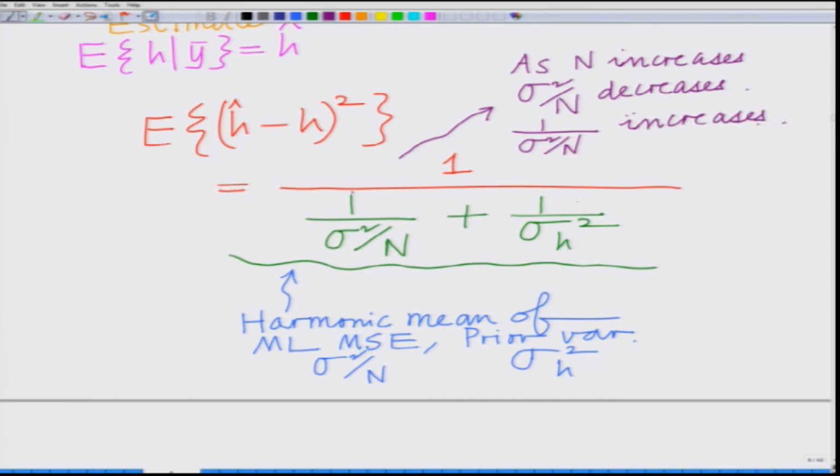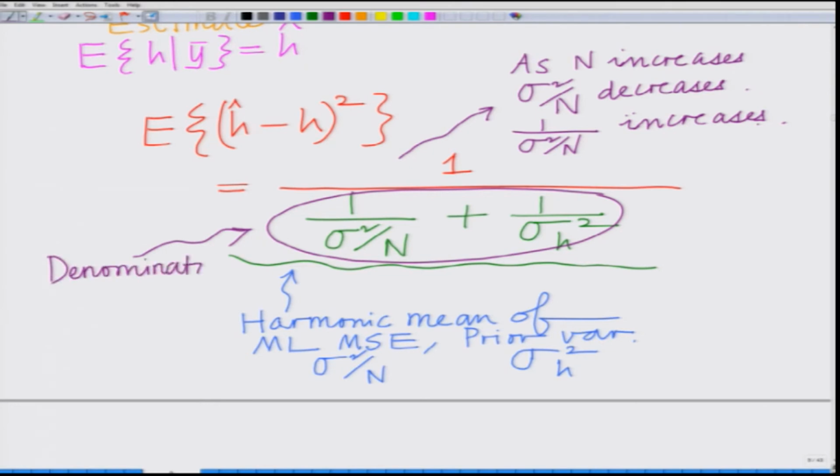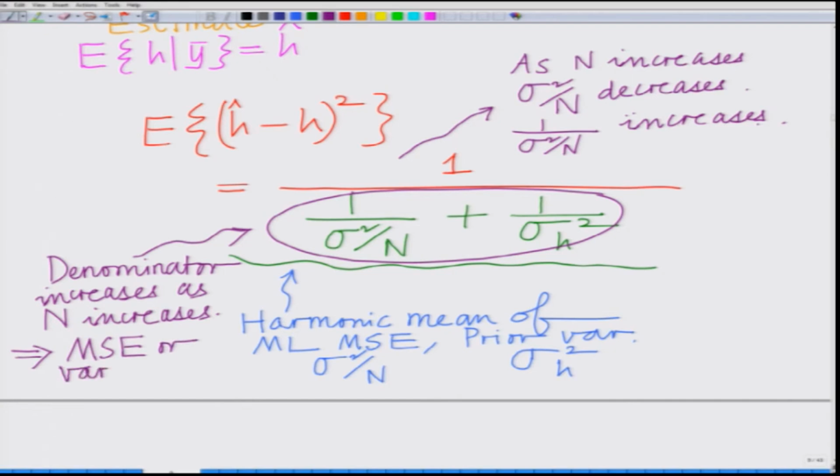Therefore, the denominator increases as n increases, which implies the MSE or variance decreases.